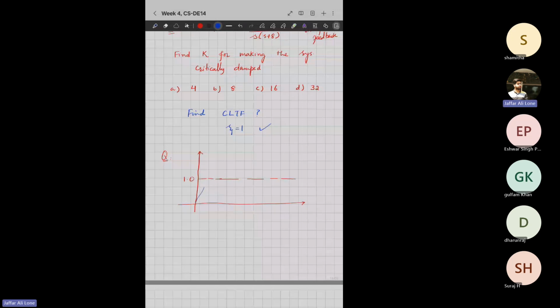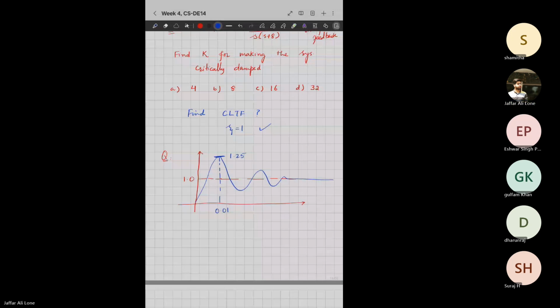The response looks something like this. This peak value is given as 1.25.